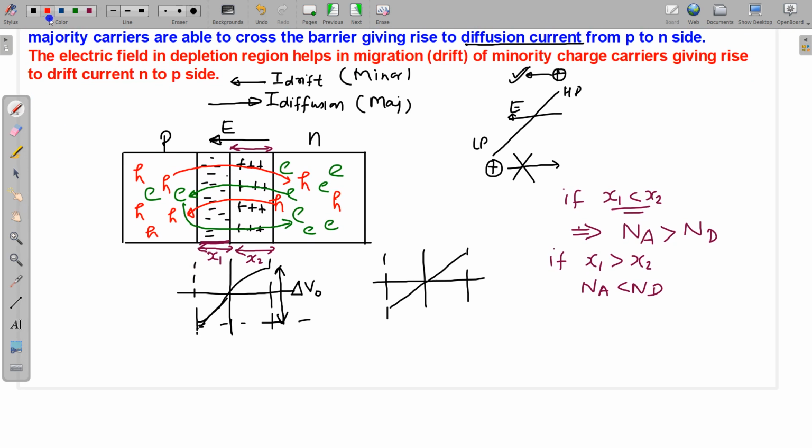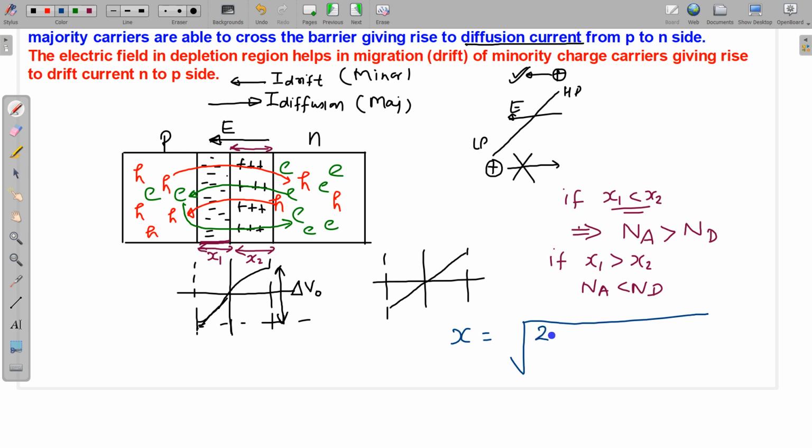So what is this width? If you want to see the relation of width, you can remember it, or you can just see how it depends on the various parameters. This width is given by this relation. I'm not going to prove it in this lecture.